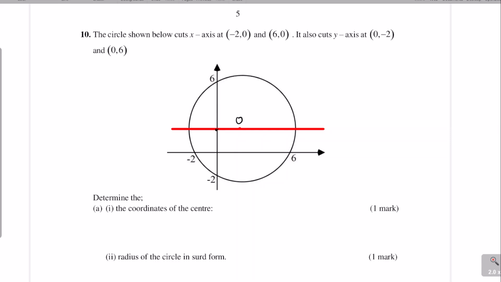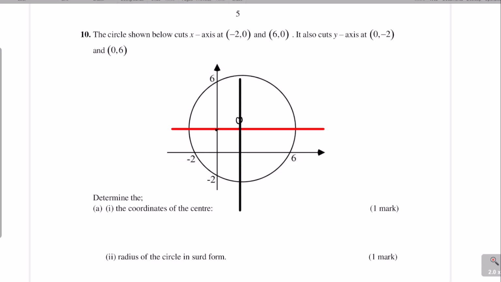Again, if you draw another perpendicular line, a vertical one through the center, it will also bisect this chord beginning from -2 all the way to 6. It will bisect this chord, and this will be the midpoint of this chord that is here.